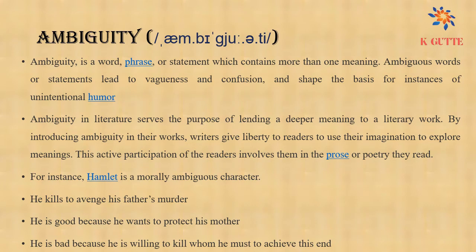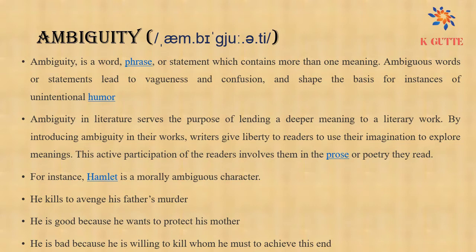Ambiguity. Ambiguity is a word, phrase, or statement which contains more than one meaning. Ambiguous words or statements lead to vagueness and confusion and shape the basis for instances of unintentional humor.